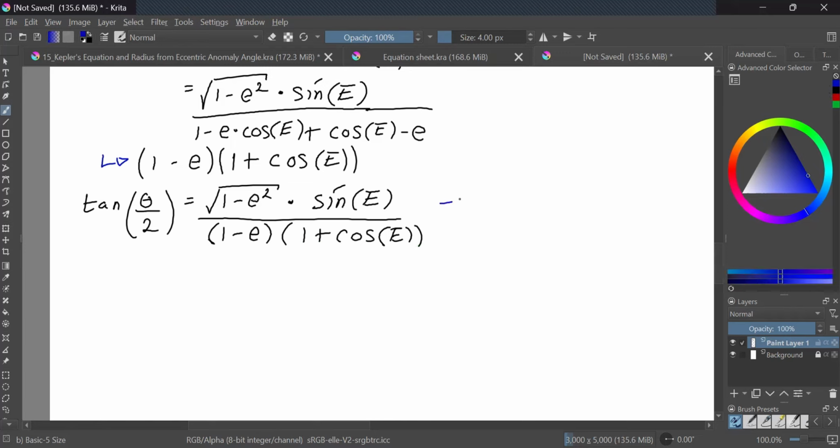And as a brief reminder, 1 minus e squared can be broken down into 1 plus e and 1 minus e. And so once you've done all of the exponent math, here, let me write the left side down.